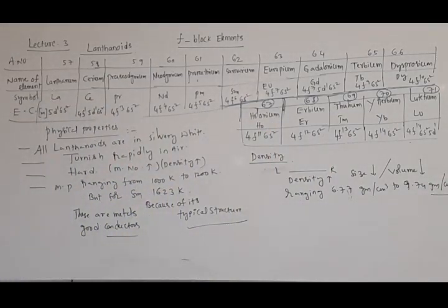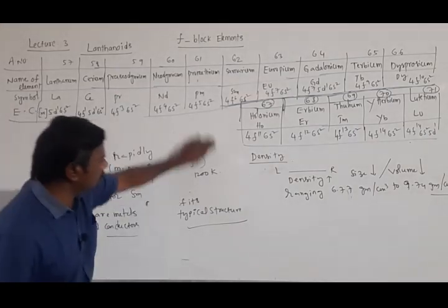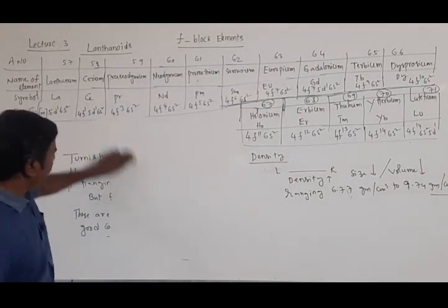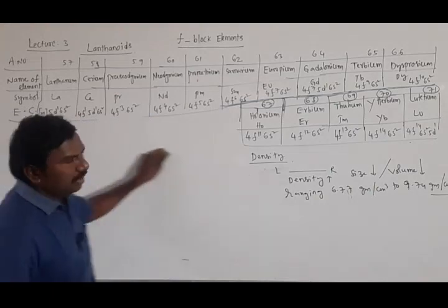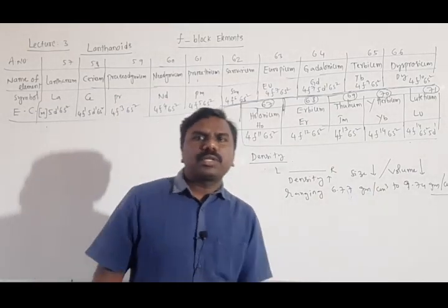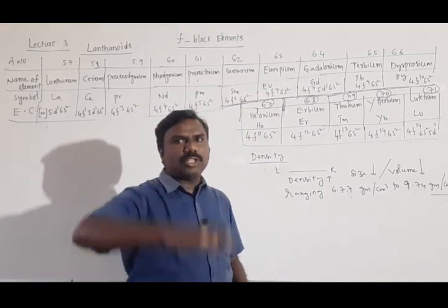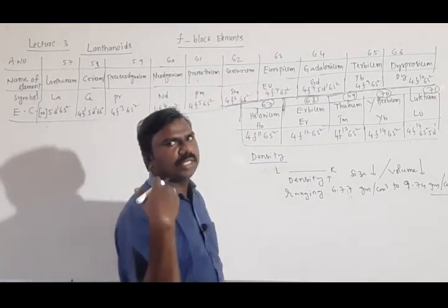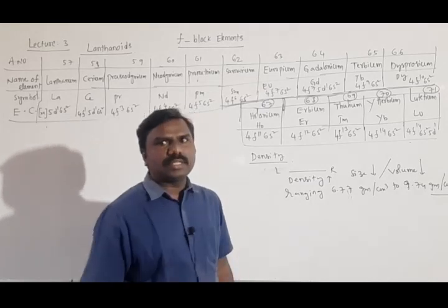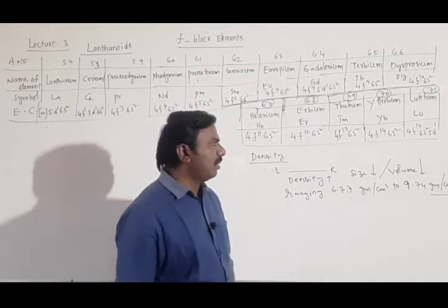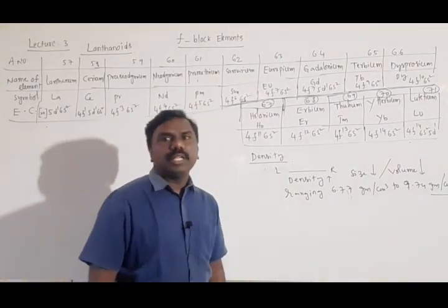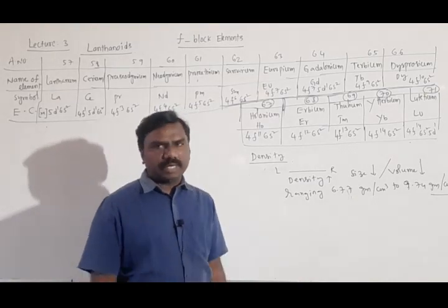Next, these all show color in aqueous solution because of the f-f transitions. In d block elements, they show color due to the d-d transition. Electron jumps from higher energy to lower energy, then radiation is released in the form of electromagnetic radiation in the visible region. That's why you can observe color.